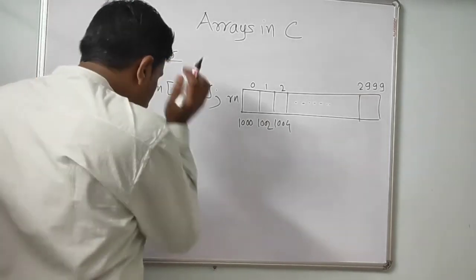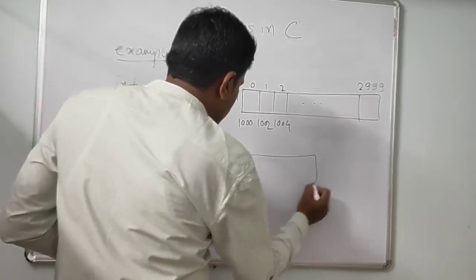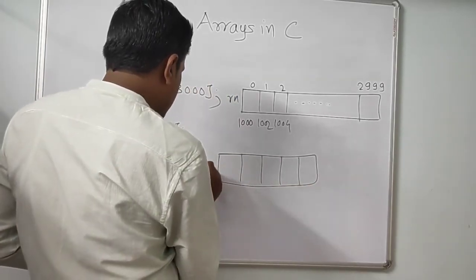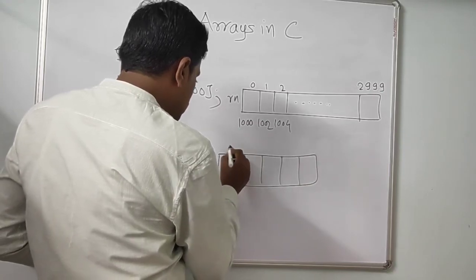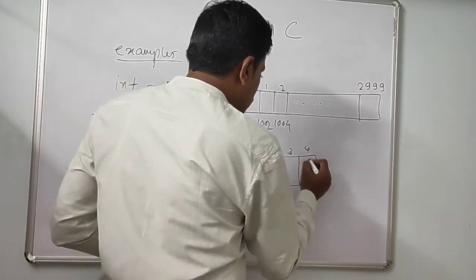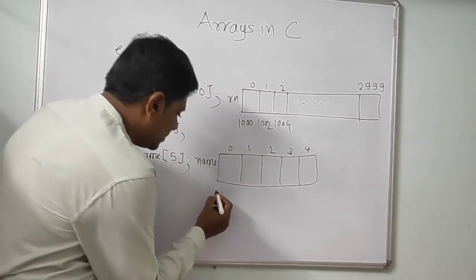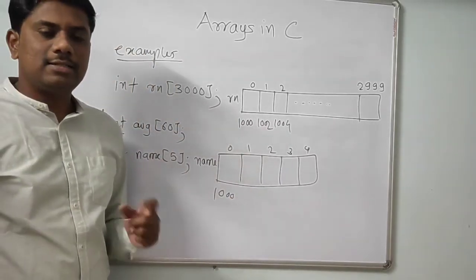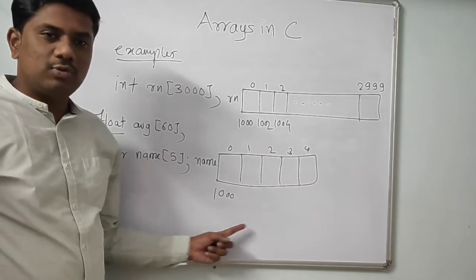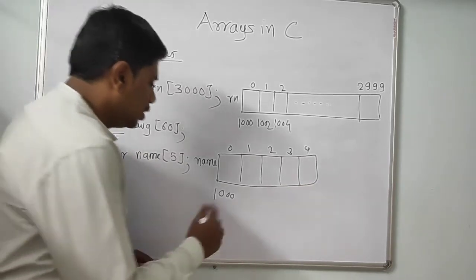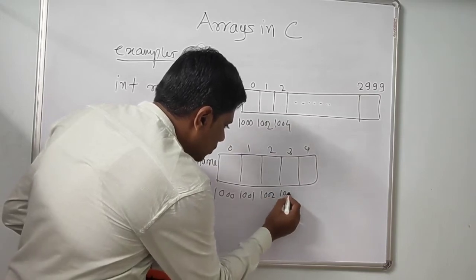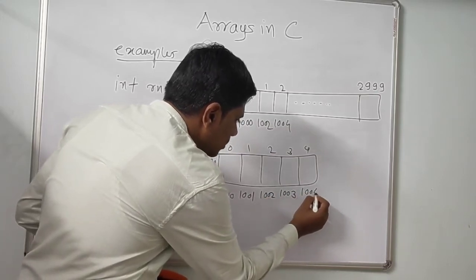Total 5 blocks. The name of the array is name itself, with indices 0, 1, 2, 3, 4. Now you know that a single character takes 1 byte. So total 5 bytes will be reserved for this array. So 1000, then 1001, 1002, 1003, and 1004.